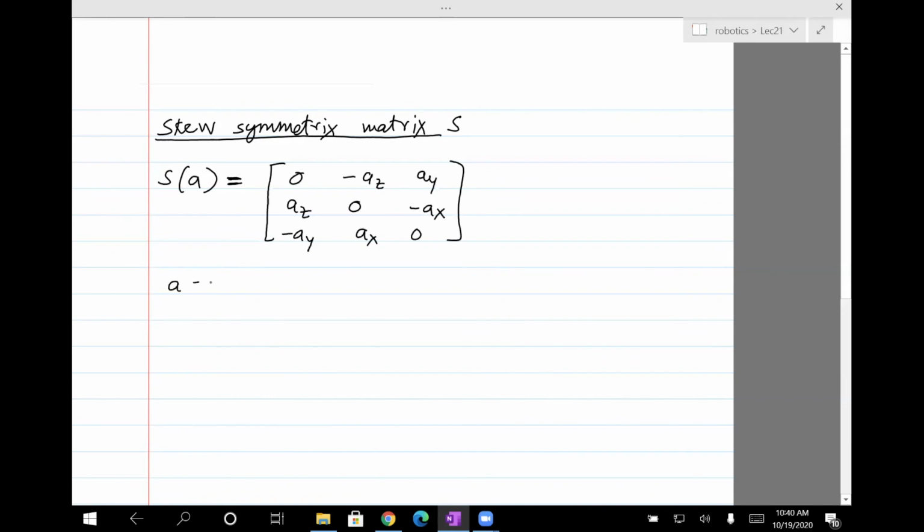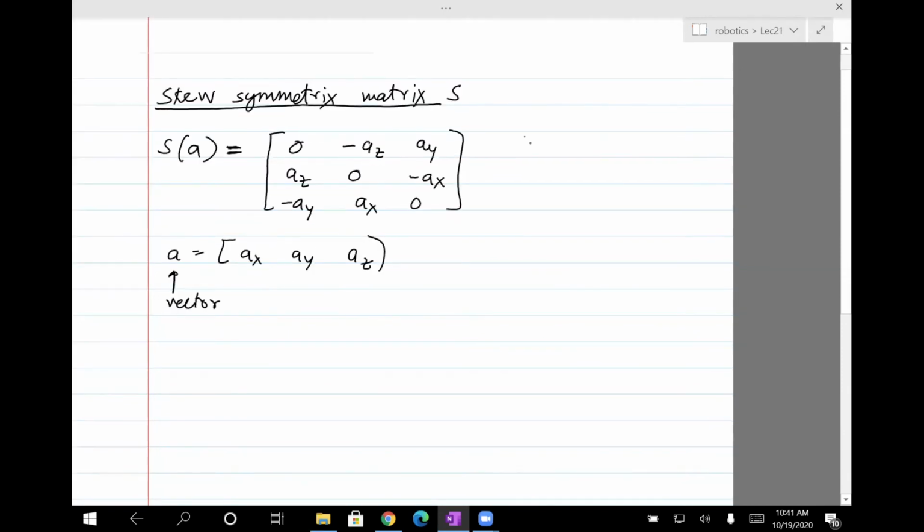Imagine A is a vector, AX, AY, AZ. So it's a 1 by 3 vector. It could be the angular speed in 3 dimensions, right? Omega x, omega y, omega z, or it could be position rx, ry, rz. So it's just any vector. So if you want to write the skew symmetric matrix associated with the vector, this is the form. Okay, so this is the definition of a skew symmetric matrix.